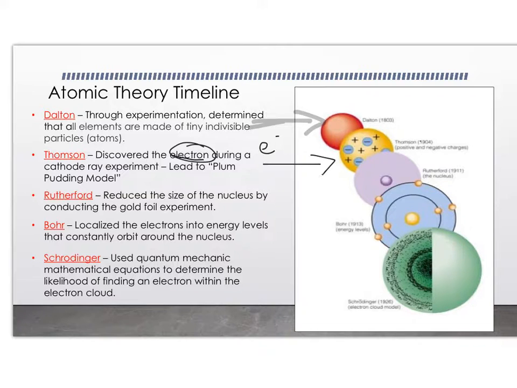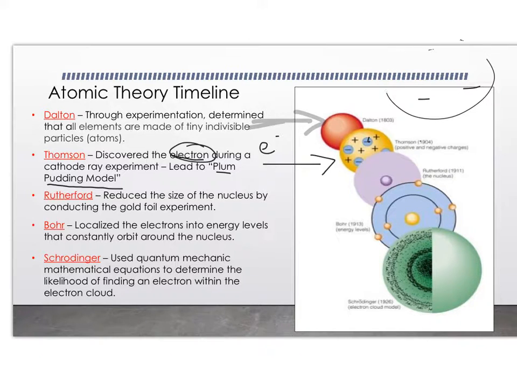So he changed what the atom looked like by, instead of just saying it was a sphere, he agreed that it was circular, but it was full of a whole bunch of positive area, and in the middle there were these little electrons. So it kind of looked like a chocolate chip cookie, but back in the day, their chocolate chip cookie was known as plum pudding, so he came up with this plum pudding model to show that you had a positive dense area and then just little electrons spaced out in between that.